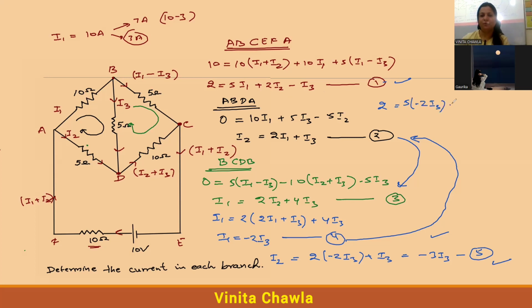And for I2, we will write minus 3I3 minus I3. So from here, you will get the value of I3. It is minus 2 by 17 ampere. Now you'll put the value of I3 in I1 and I2, and you'll get the value of I1 and I2. Okay, so I1 is 4 by 17 ampere and I2 is 6 by 17 ampere. This is what you'll get.